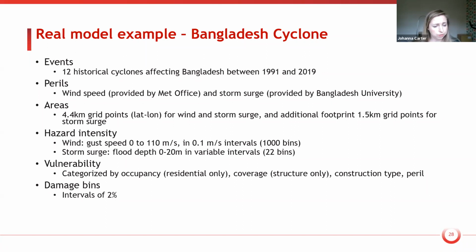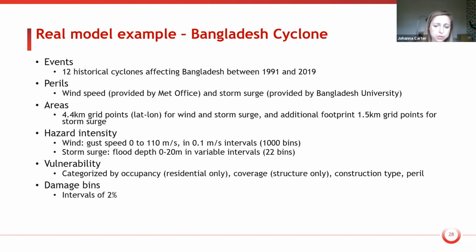It was only a few, 8, maybe 12 or 15 functions only, and it covered only residential properties. It covered only the structure of the building. In developed nations, we tend to look at the contents as well, because that's insurance coverage, but this was more about the economic losses to the structures in Bangladesh.